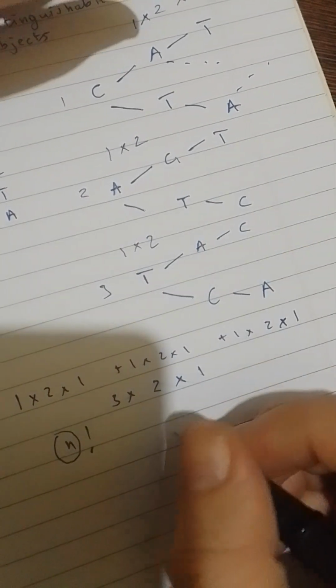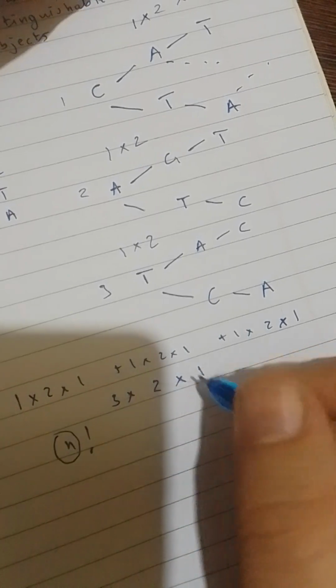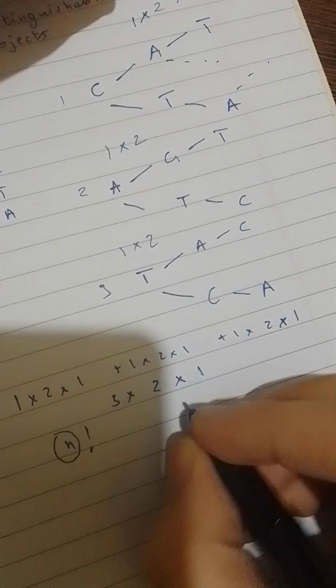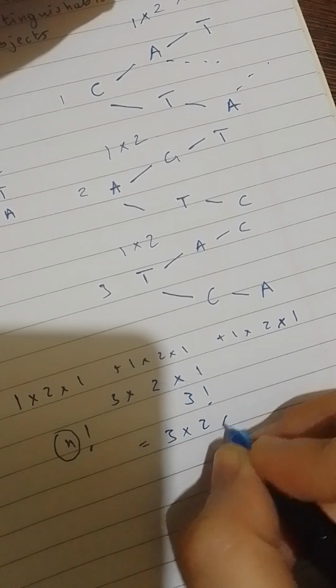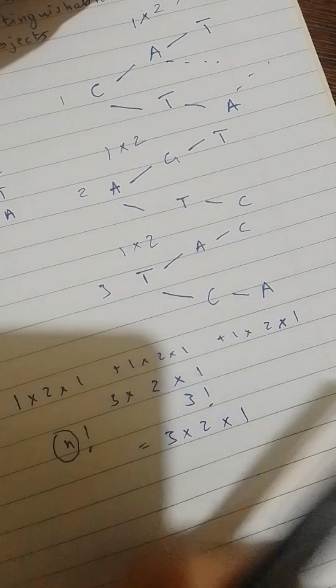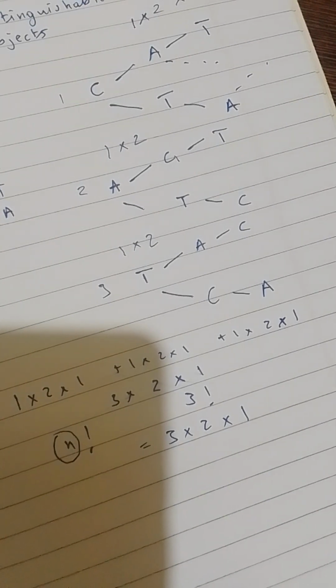Okay, so I hope this made sense to you. Here the permutation would be 3 factorial, which equals 3 into 2 into 1. Okay, cool. Now let's talk about something else.